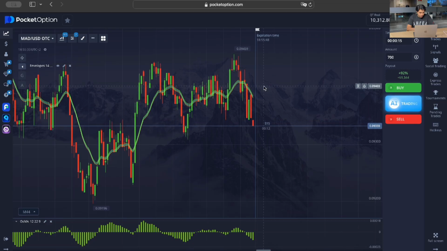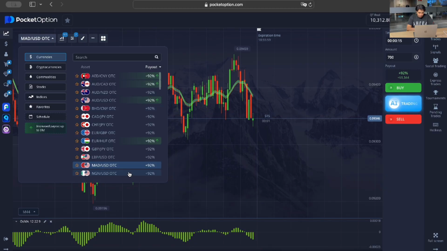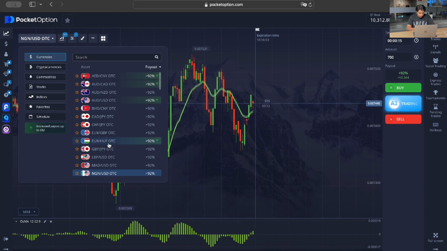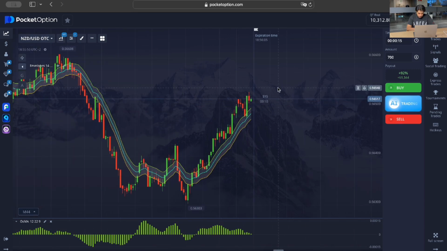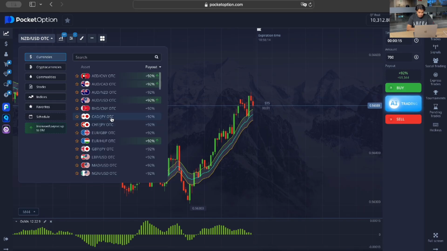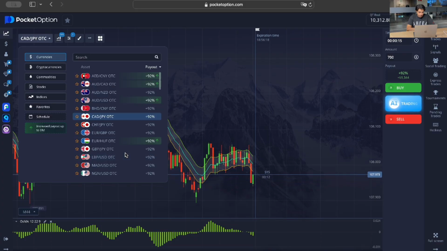Here you can see the conversion for 56. Let's check it, and let's check one more.